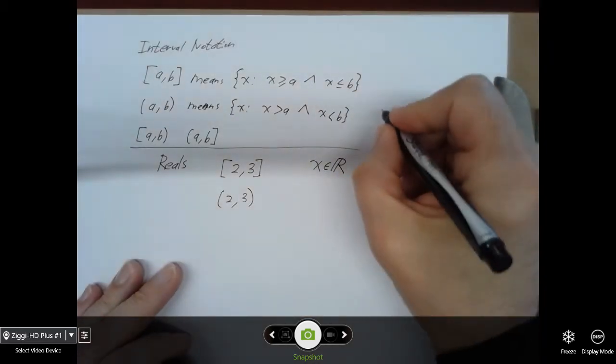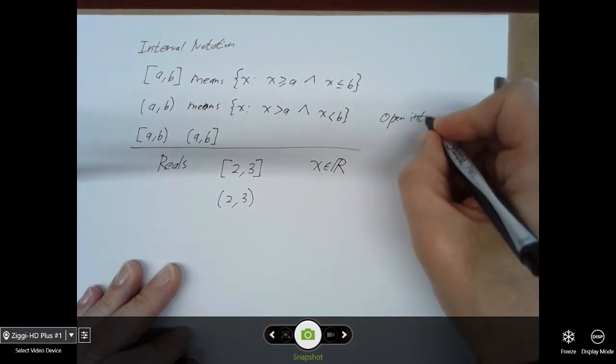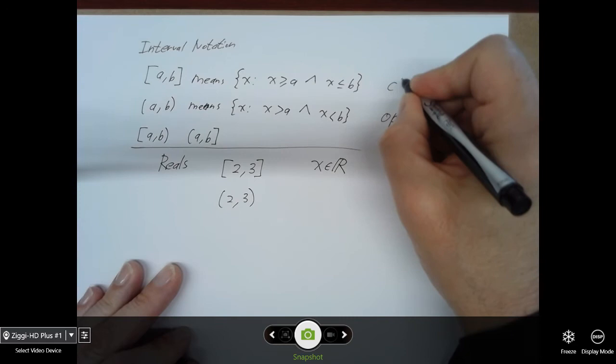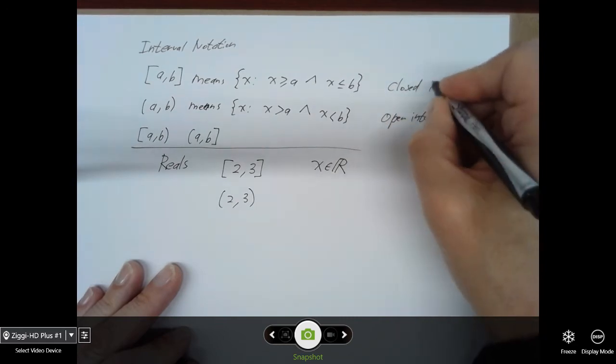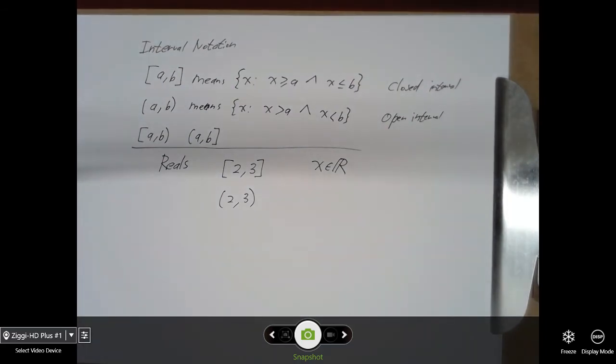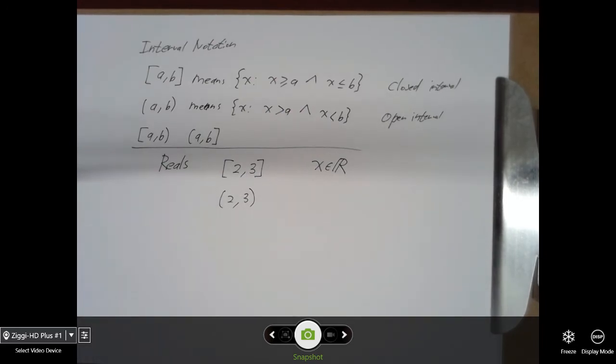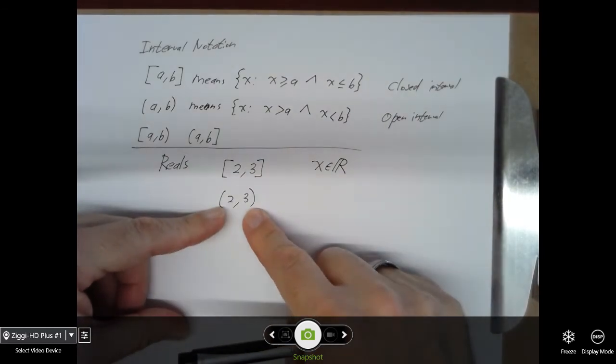So this is called an open interval. This is a closed interval. And they're almost exactly the same. The only difference from here to here is we toss in a 2 and we toss in a 3. But they feel fundamentally different because of this fact that this set has no smallest number, it has no largest number.